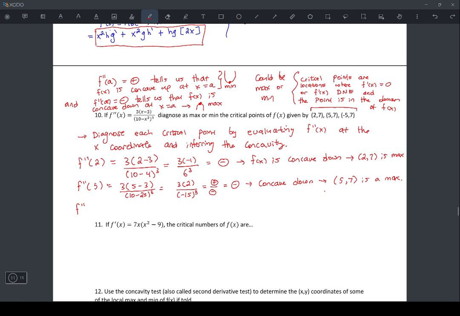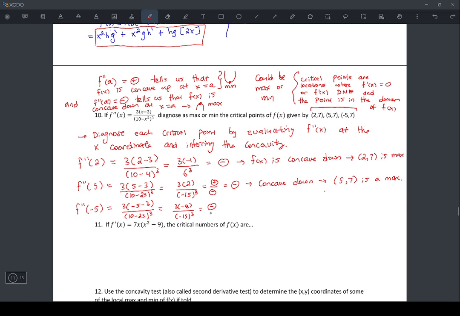And then f double prime at the last number, -5. We're going to have 3 times -5 minus 3 over 10 minus 25 all cubed. So this time we have 3 times -8 over -15 cubed.